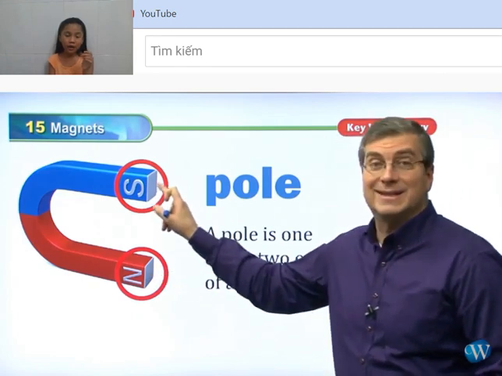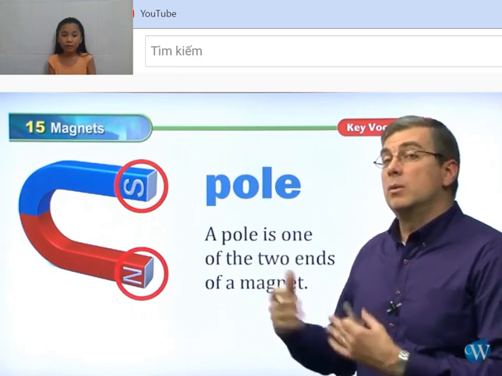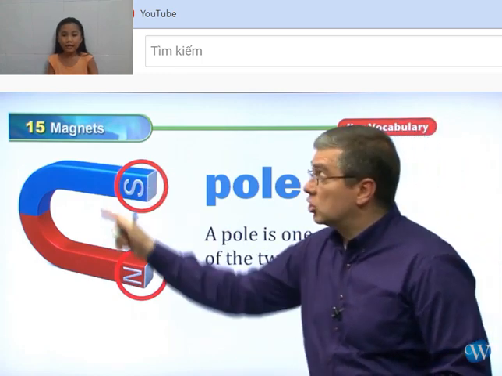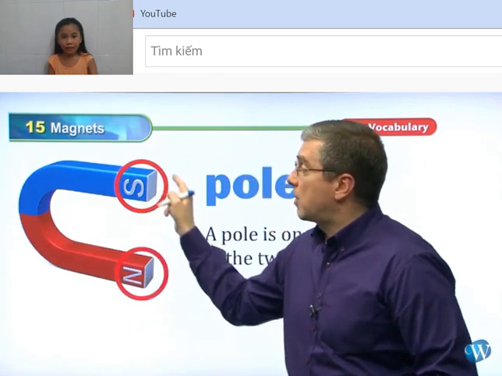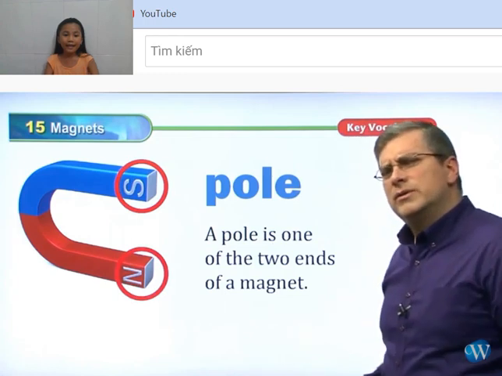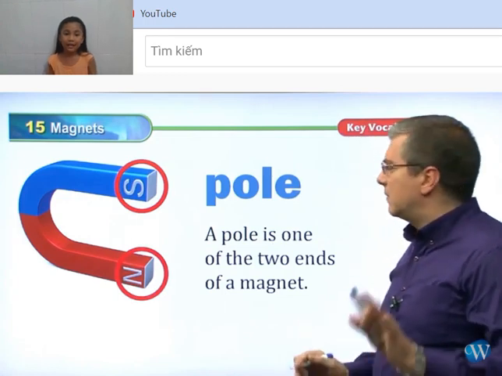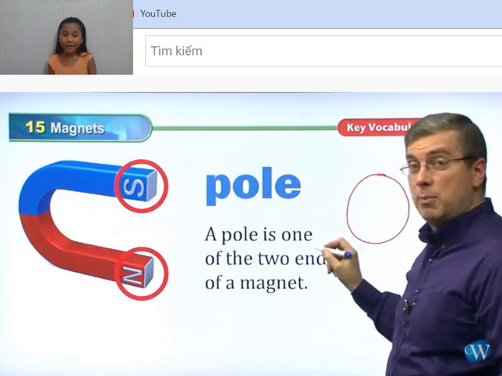Now the next one we have here is pole. A pole is one of the two ends of the magnet. A magnet has two ends, and these two ends are called the north and south end.